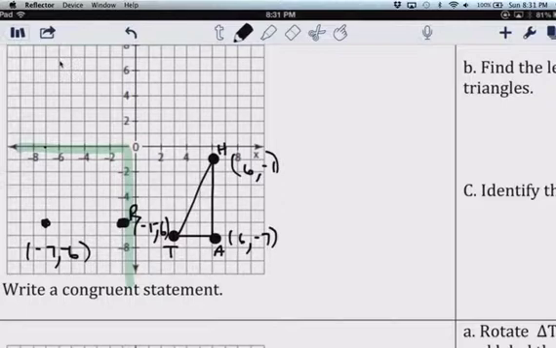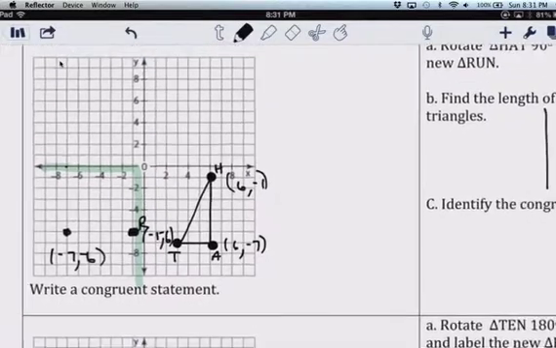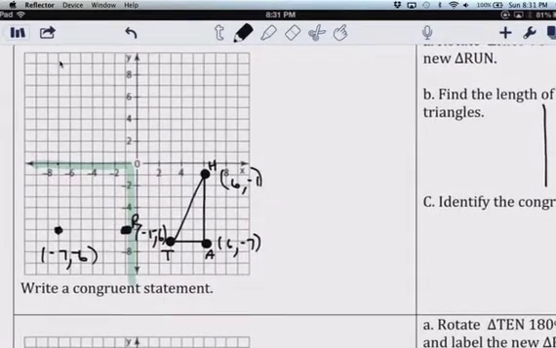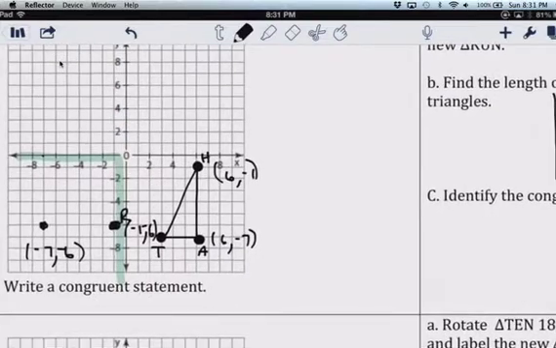And then T is 3, negative 7. So it becomes negative 7, negative 3 here, like that.